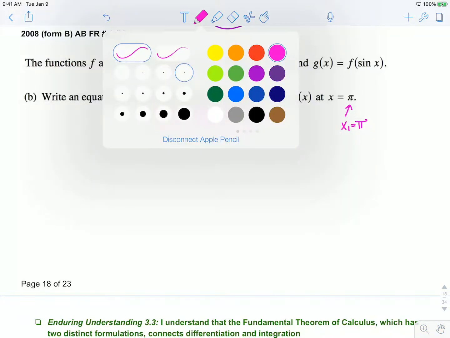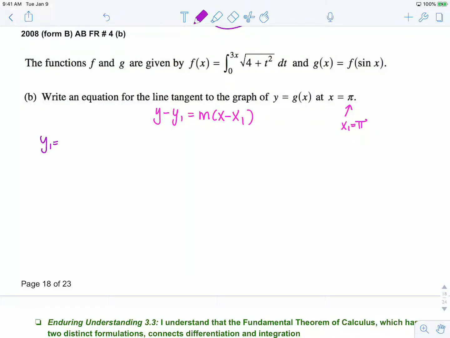So y1 is going to be g of pi, which is f of sine of pi. Well, sine of pi is 0, so that's f of 0.